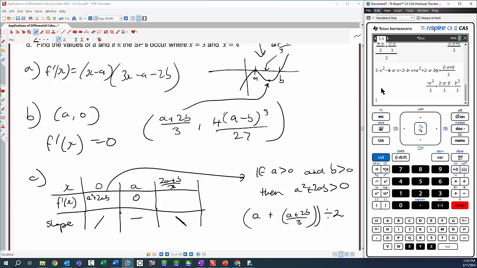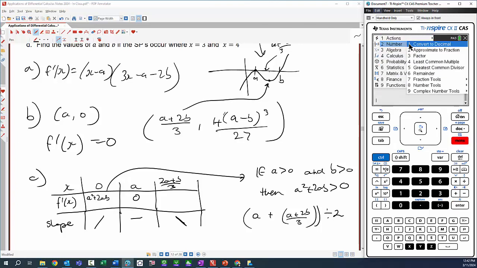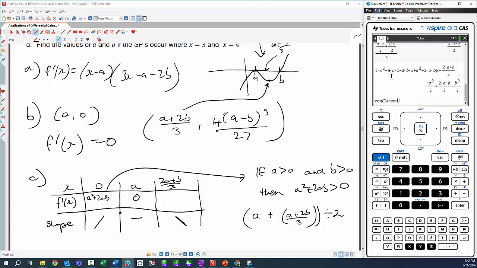Can I simplify that at all? I think if I get a common denominator, it's not much better, but anyway, let's write it down.